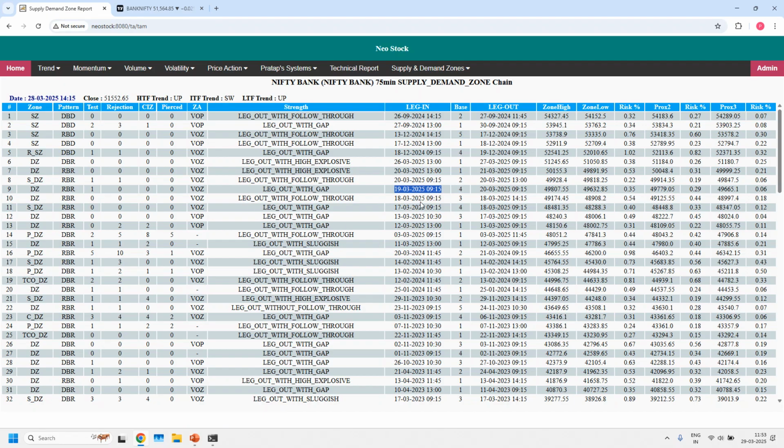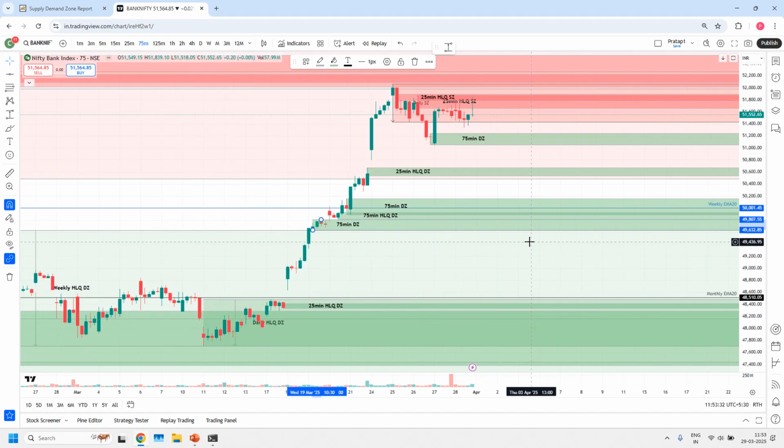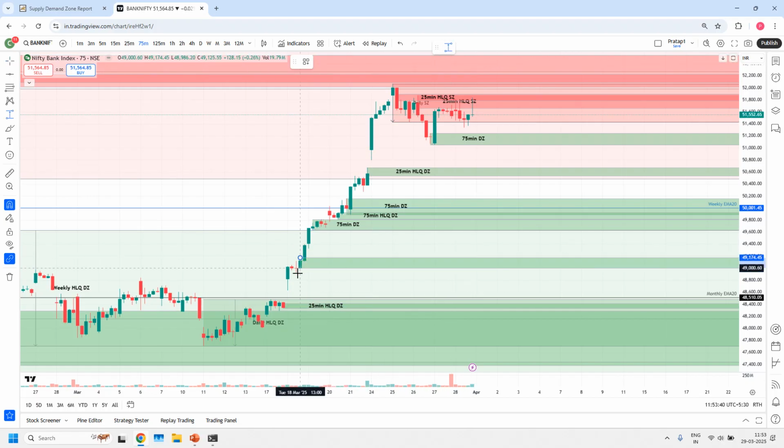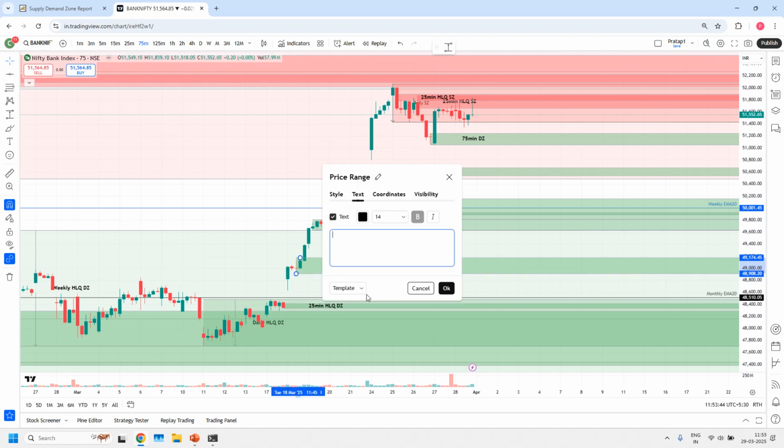Next, we have one more demand zone. This is 18,3,915, three base candles. So here we have again another 75 minutes zone, but this is inside the weekly zone.